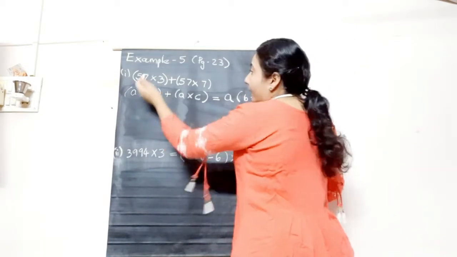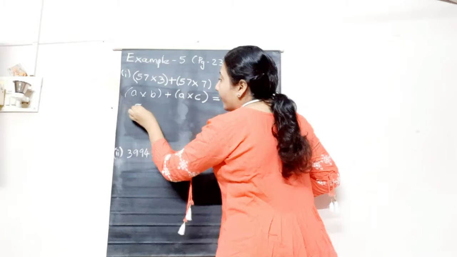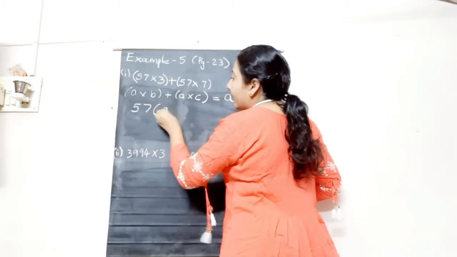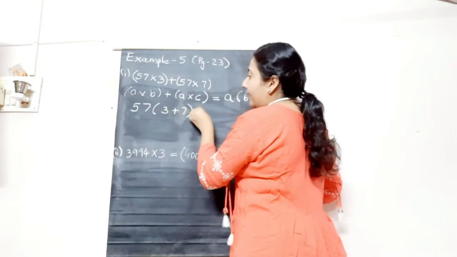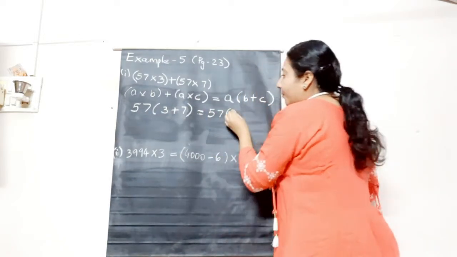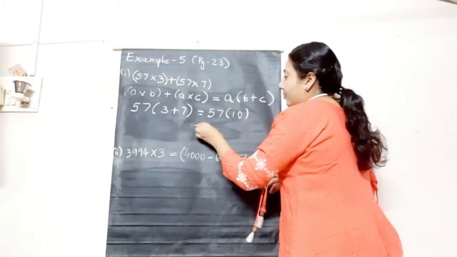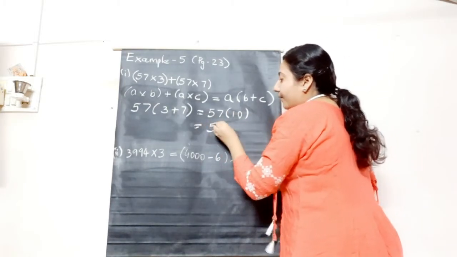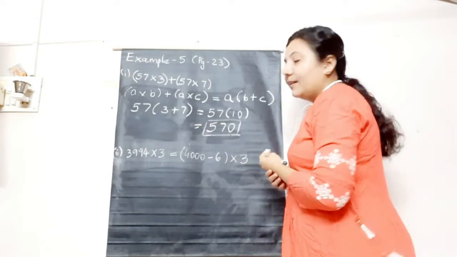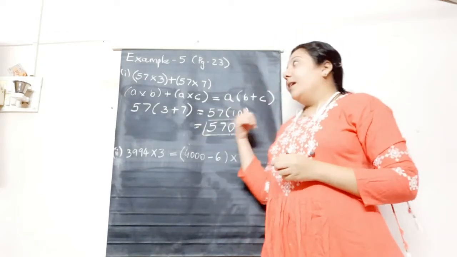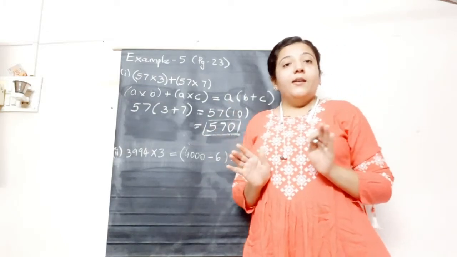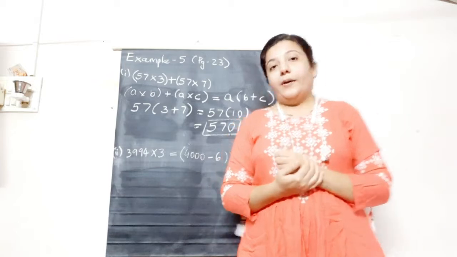Now let us put the values. 57 multiplied by 3 plus 7. 3 plus 7 will give you 10. So 57 multiplied by 10 will give you 570. So 570 is your answer. Here we have not multiplied anything. It is done orally. So this is the use of the property.